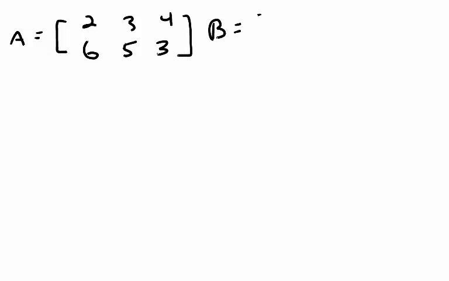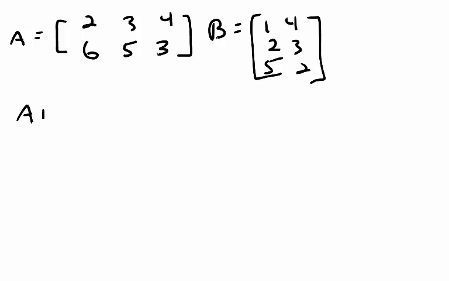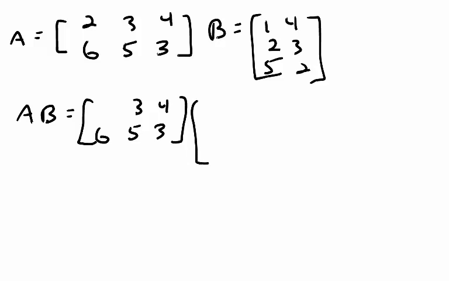Then we have matrix B, where row 1 is 1, 4, row 2 is 2, 3, and row 3 is 5, 2. To obtain the product A times B, we'll set it up, and we'll proceed as follows.